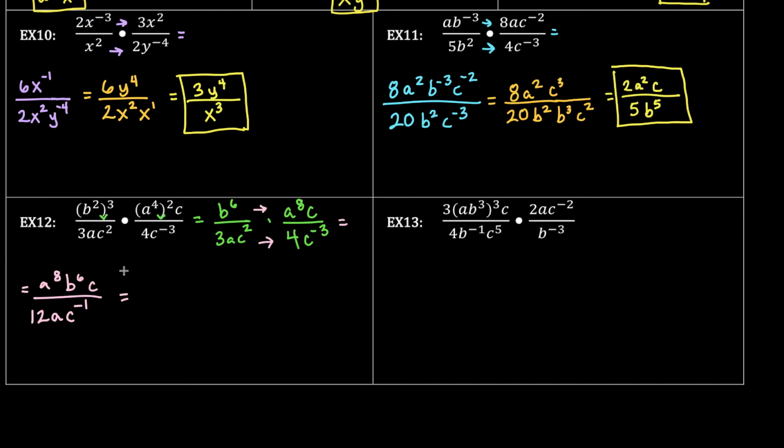So let's write everything down that stays first. Over 12. A, C the negative 1 goes, oh, I know why. I use that orange. A to the 8th, B to the 6th, C over 12, A, C goes up there.